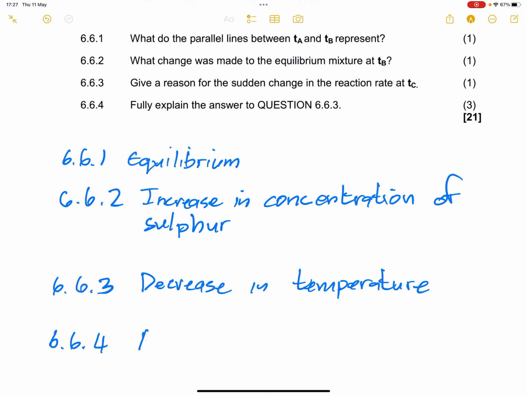Okay, right, so a decrease in temperature will favor the exothermic reaction.